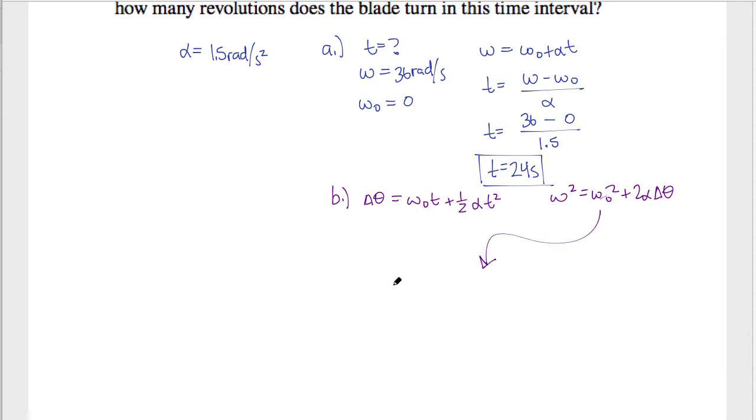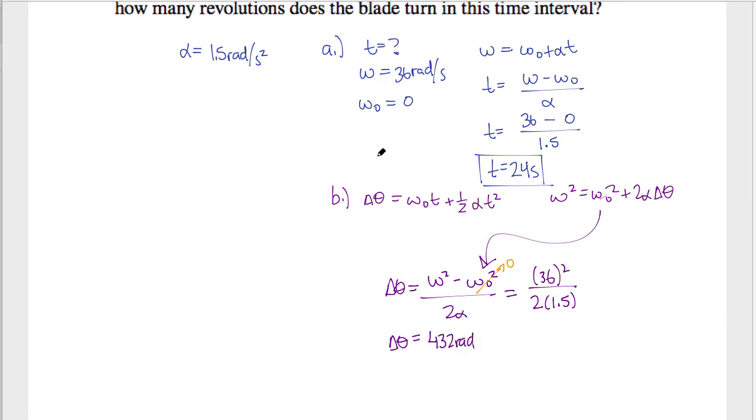I am looking for delta theta, and if I rearrange this, delta theta would be omega squared minus omega naught squared over 2 times alpha. Substituting values, I know that omega naught squared is 0, so my equation simply becomes 36 radians per second squared over 2 times 1.5. The angle through which we turn here is 432 radians.